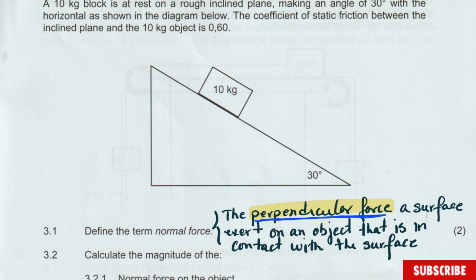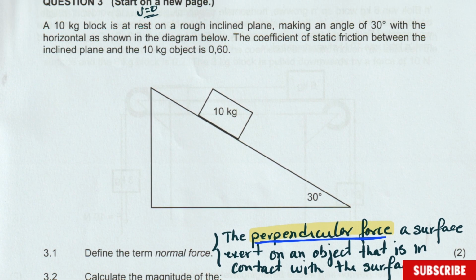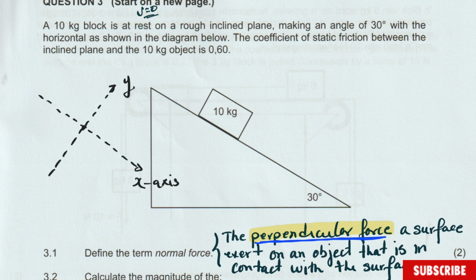But before we do that, we're going to draw the free body diagram on this object here. And for this one, I am going to add the axis because I always like to add the axis to help us here. Now, what forces are acting on that block? There is the normal, which is always perpendicular to the surface, and the x-axis here represents the surface.